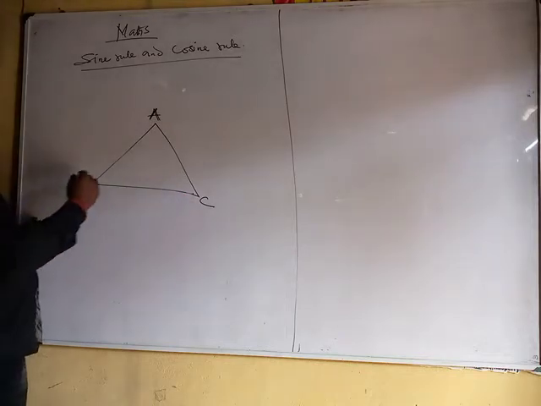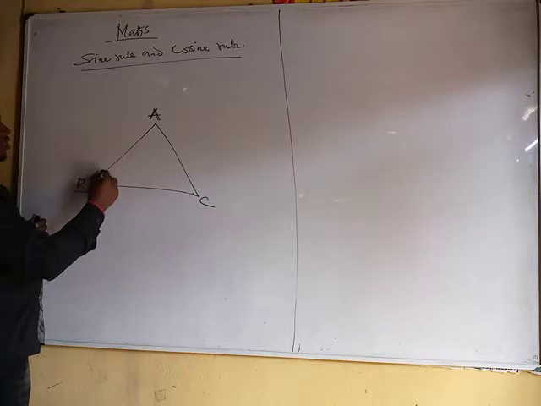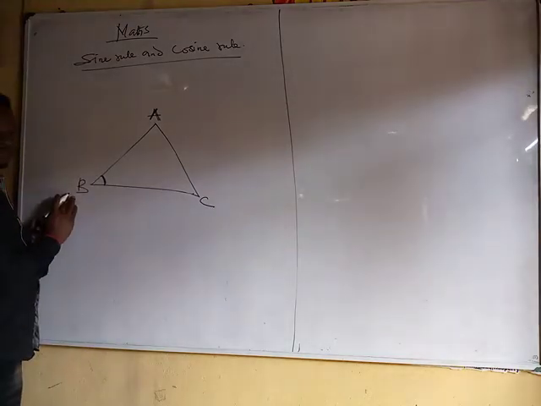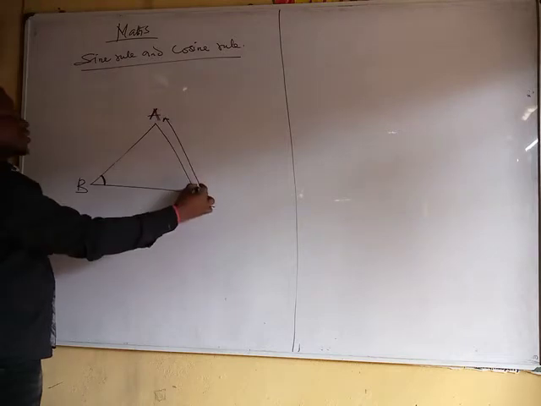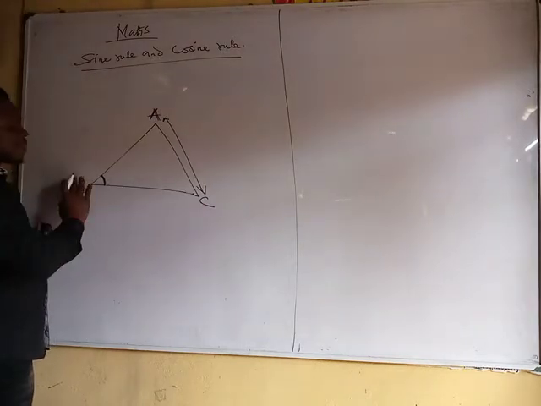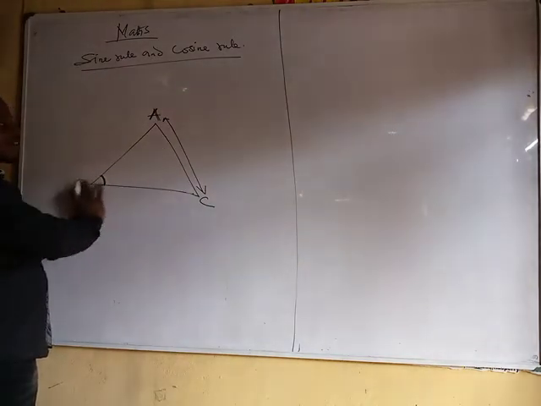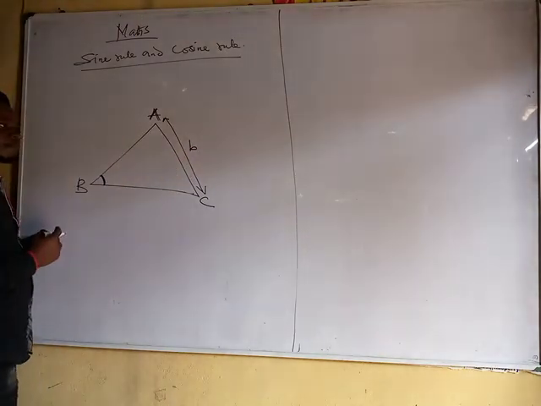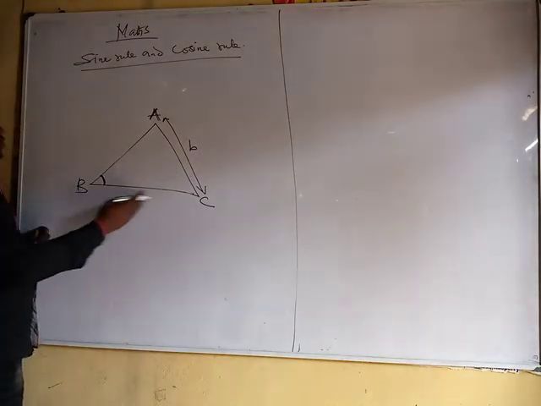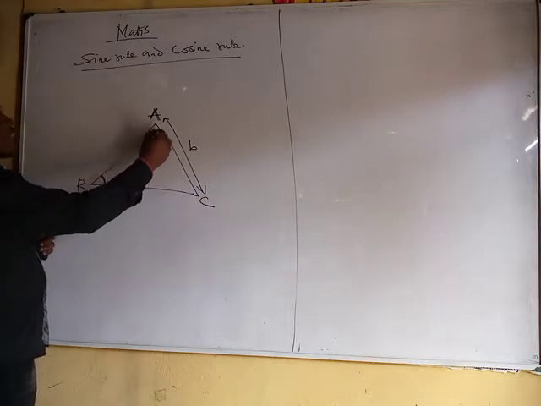Now, this is the angle B, but from here to here is the distance covered by the angle at this particular point. So I can call here small b. Now, here is the angle of what?